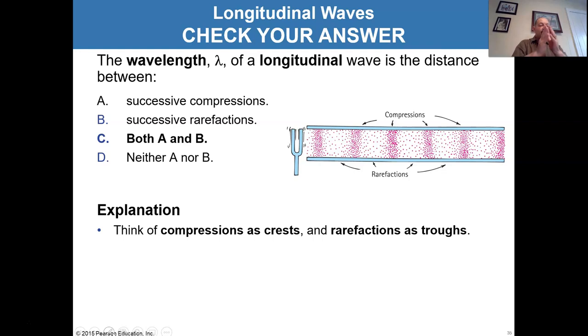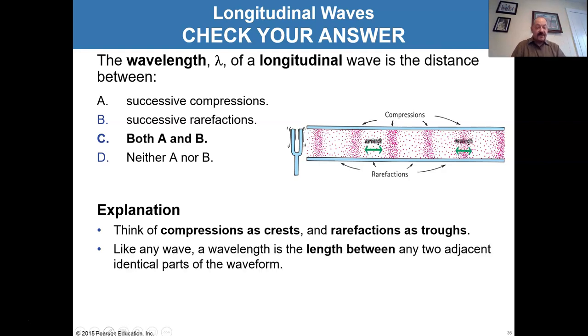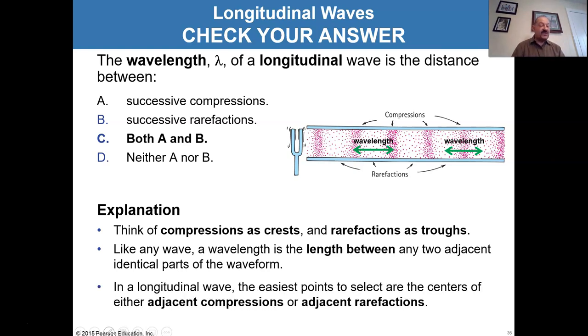The most rarefied, the thinnest part of the rarefaction, that is the trough. The densest part of your compression, that is your crest. So you can measure it on the left here between the centers of two compressions, or on the right between the centers of two rarefactions. Either one will give you the same wavelength, as long as they're adjacent rarefactions or adjacent compressions.